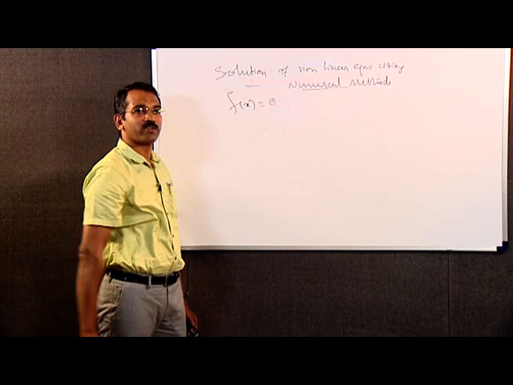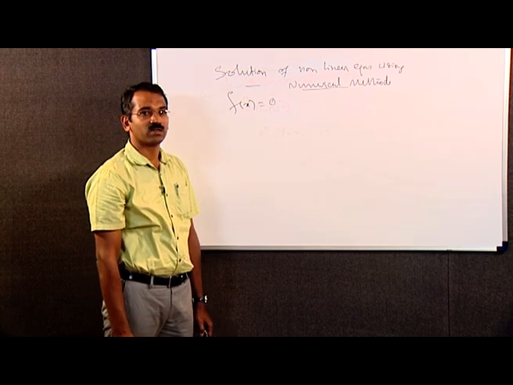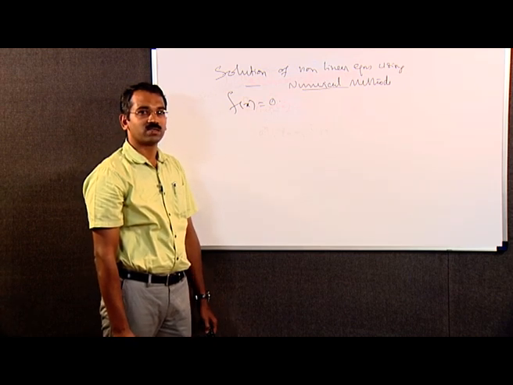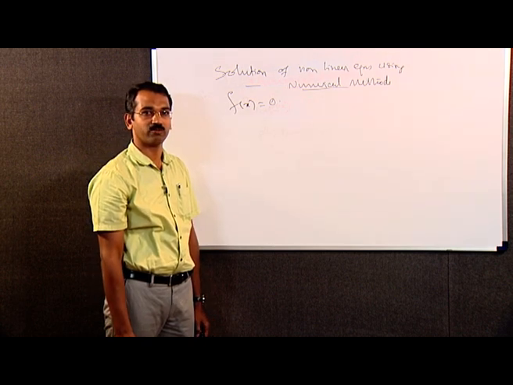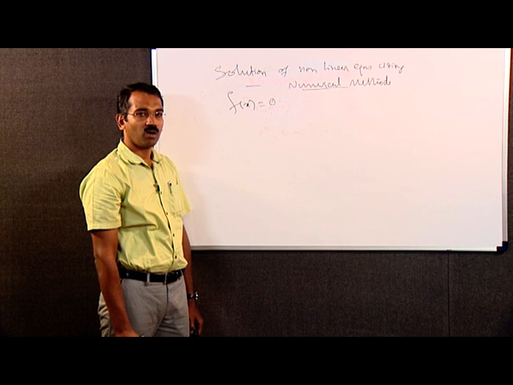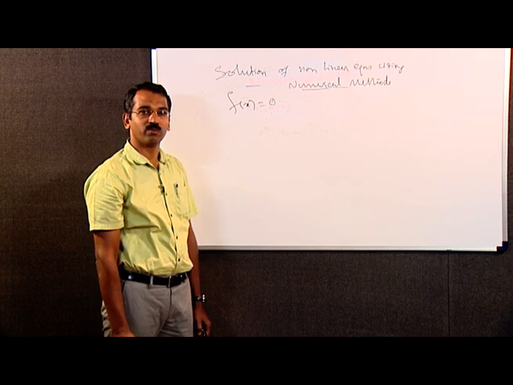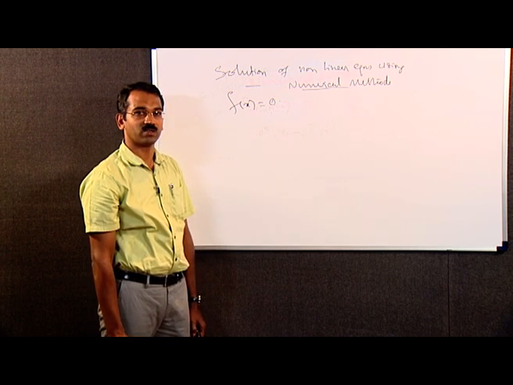Where f of x may be algebraic, f of x contains transcendental functions, or f of x is a combination of both. All the methods are based on the important property of a continuous function.